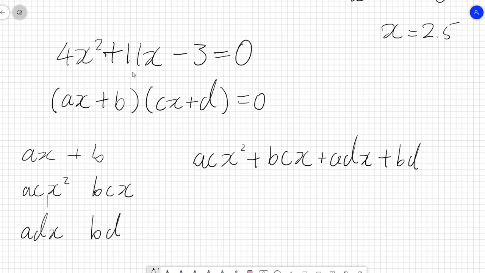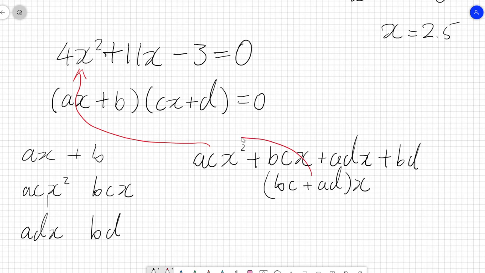And then 11 here, the middle term, has to equal b times c plus a times d. So if we draw the linkage, ac has to equal 4, bc plus ad has to equal 11, and then finally bd has to equal -3.